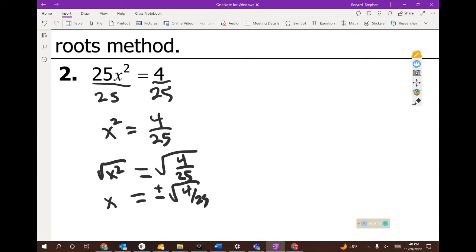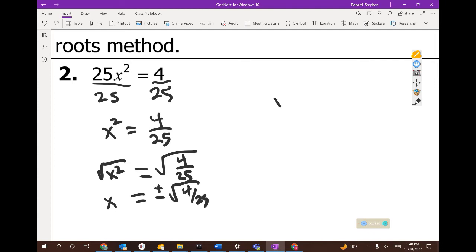Now again, that doesn't really do anything. Instead of having 4 over 25, which we couldn't reduce, we now have the square root of 4 over 25, which we also can't reduce. So this is where we want to go back to the rules that we had, I believe it was on Monday.